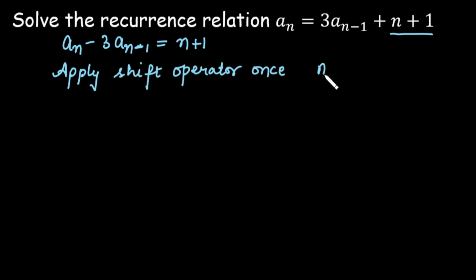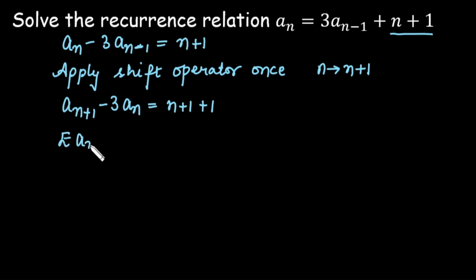It means index n is shifted to n plus 1. So we can write a n plus 1 minus 3 times a n is equal to n plus 1 plus 1. From here we can write E a n minus 3 times a n is equal to n plus 2.